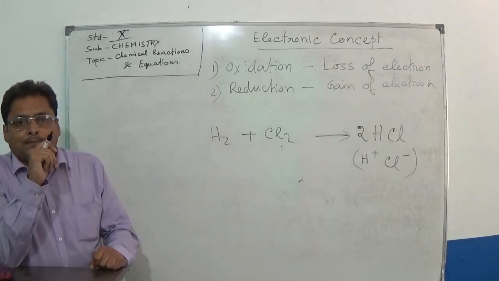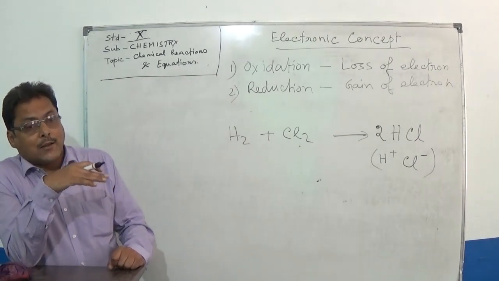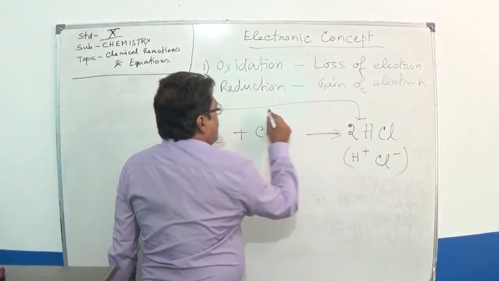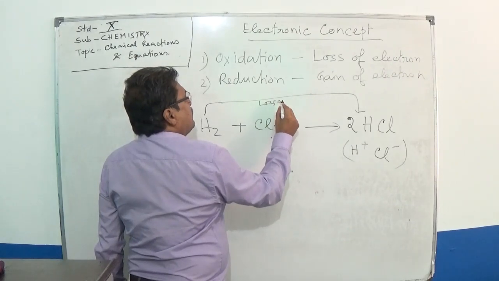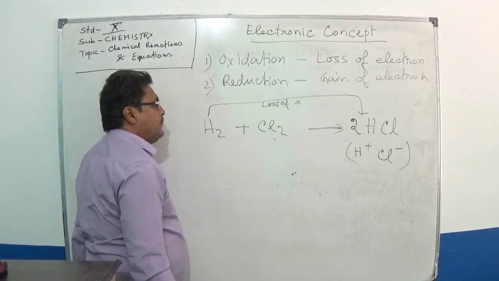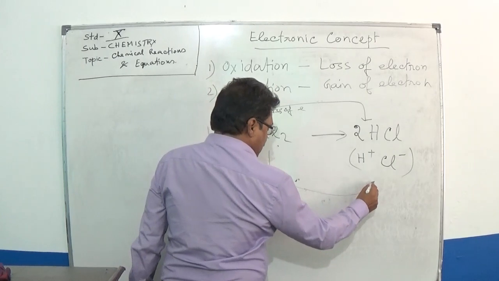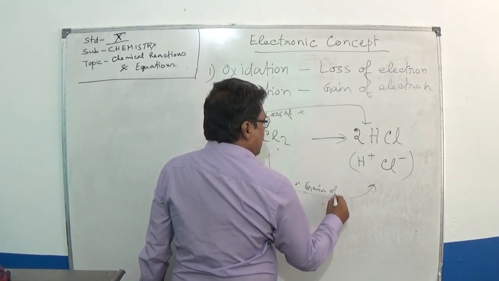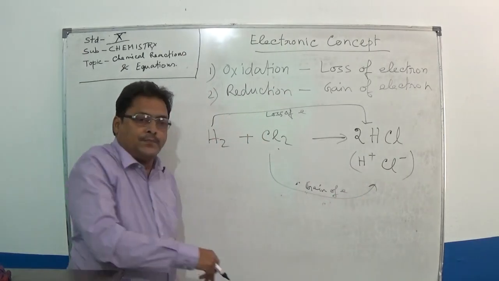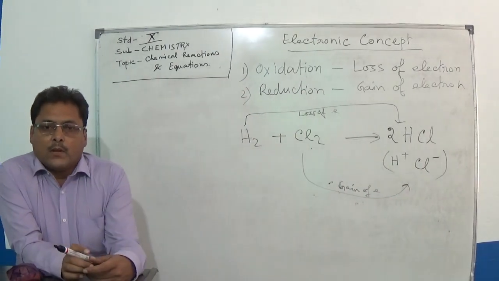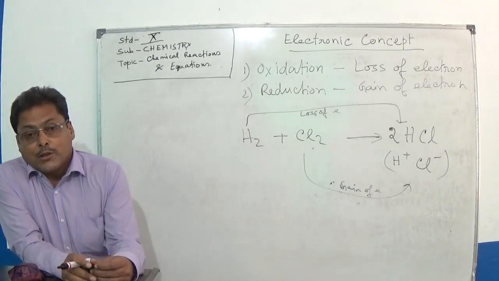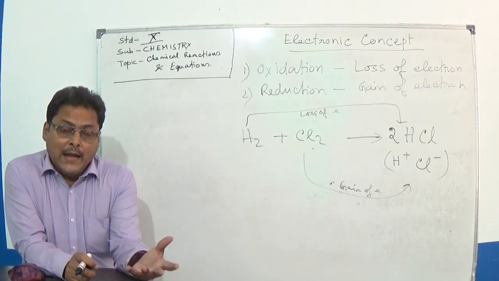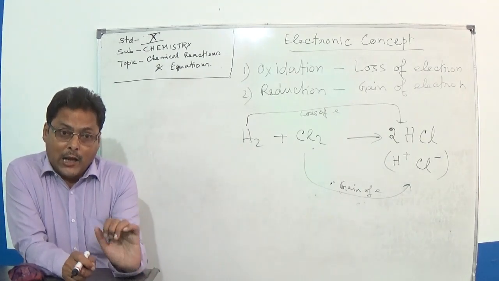So what happened? Hydrogen has lost an electron. Chlorine has gained an electron. Hydrogen has lost an electron to form a cation. Chlorine has gained an electron to form an anion.